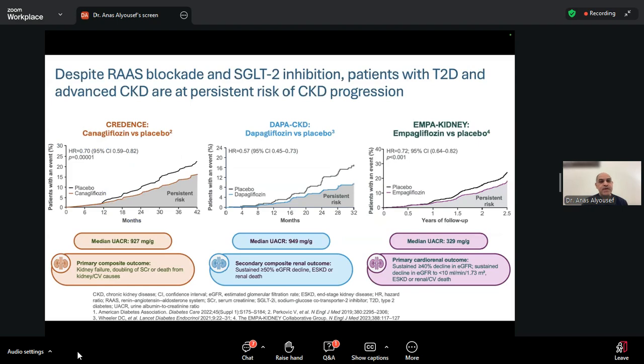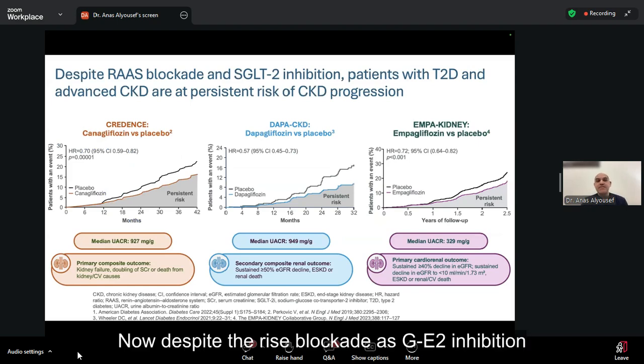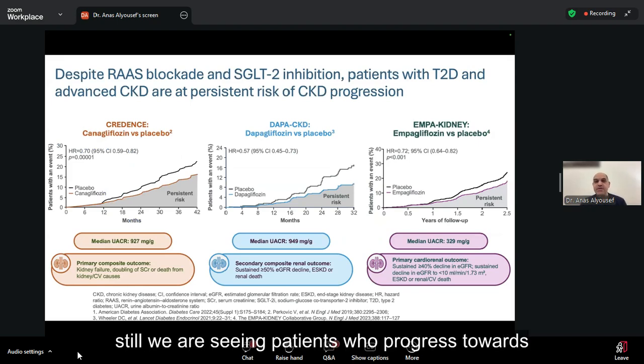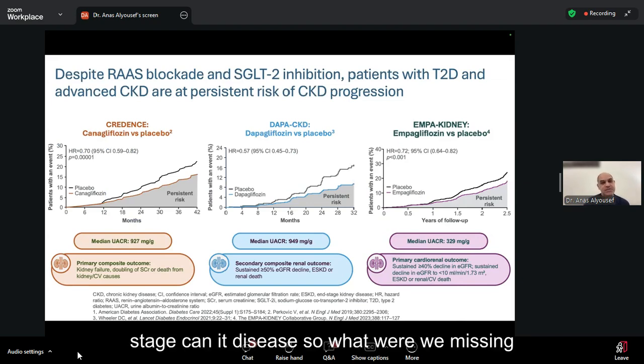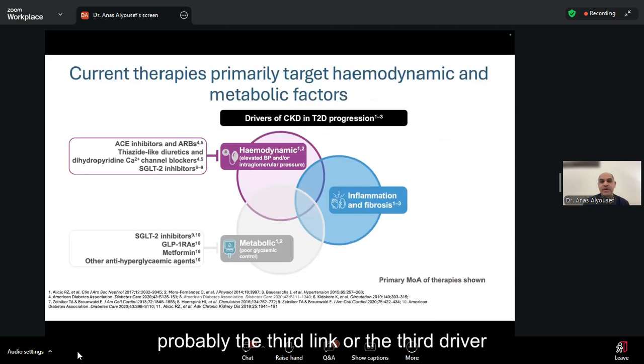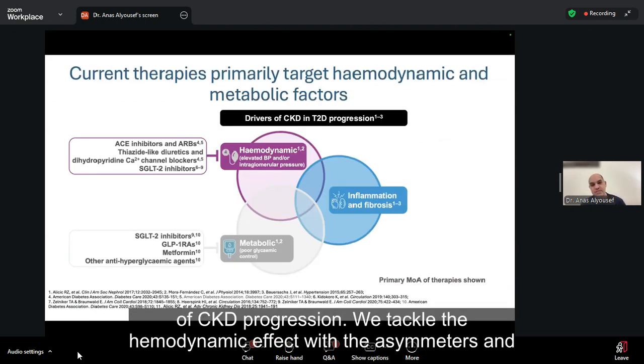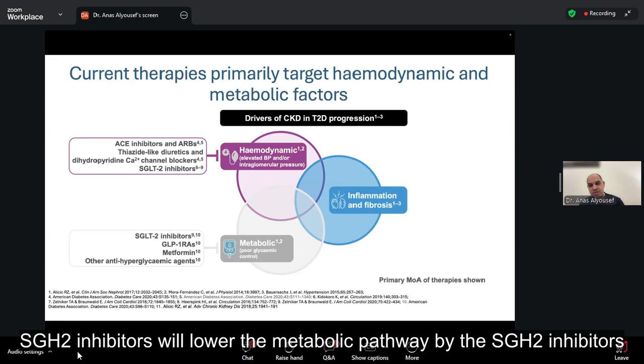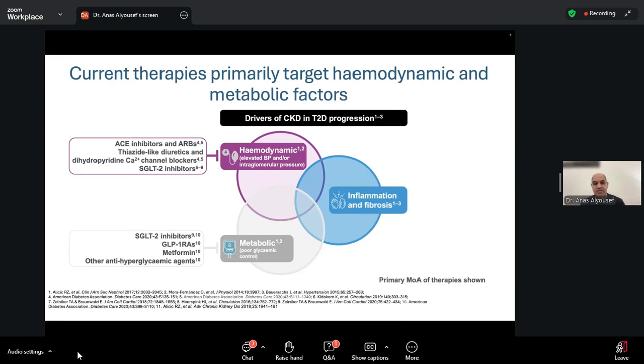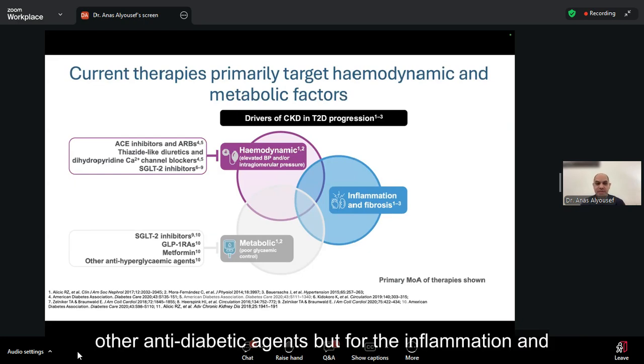Now, despite the RAS blockade and SGLT2 inhibition, we are still seeing patients who progress towards end-stage kidney disease. So what were we missing? Probably the third driver of CKD progression. We tackled the hemodynamic effect with the ACE inhibitors and SGLT2 inhibitors. We lowered the metabolic pathway with the SGLT2 inhibitors and other anti-diabetic agents.